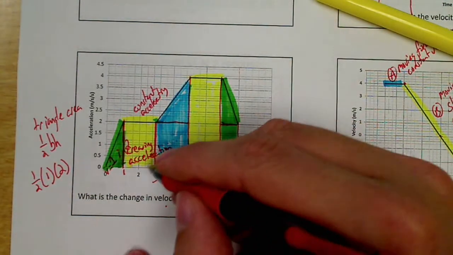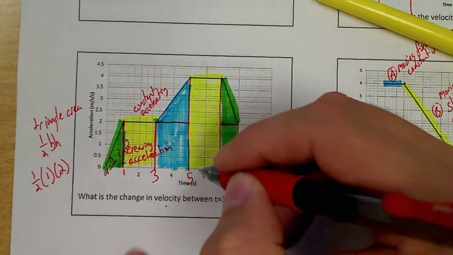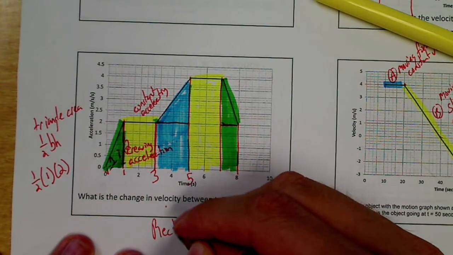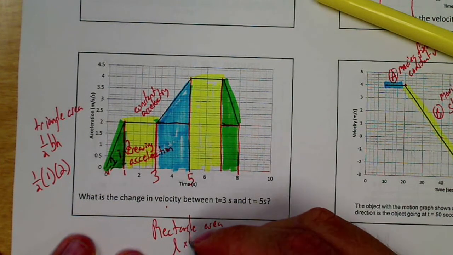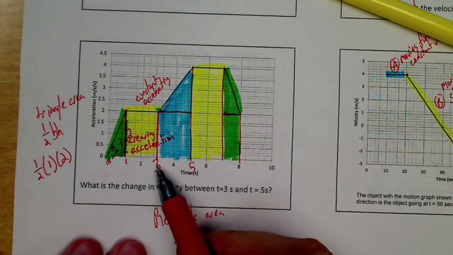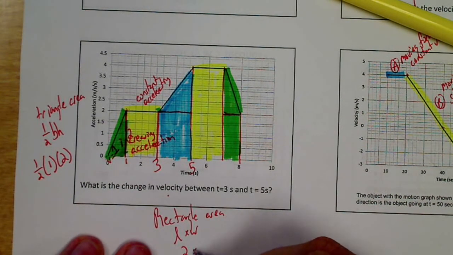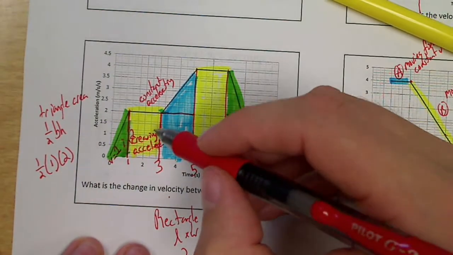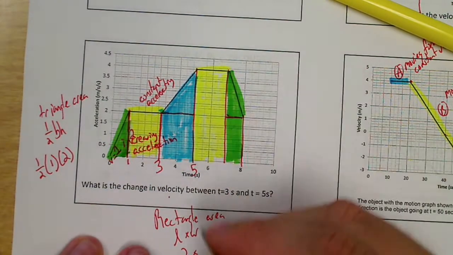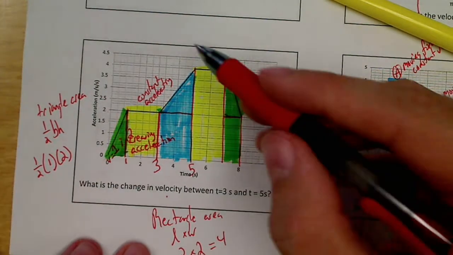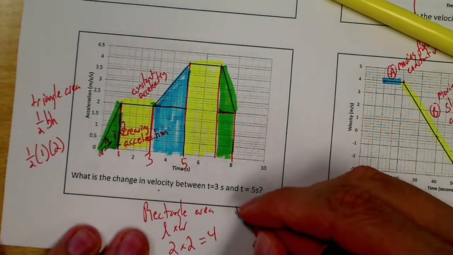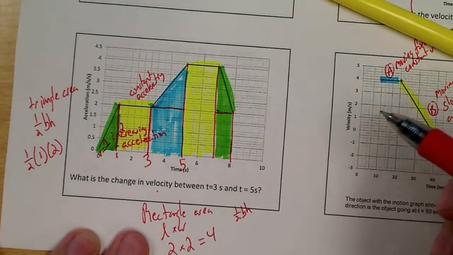So first, I'll find the area of this rectangle. Rectangle area is length times width. So the length from 3 to 5, that's 2. The width is from 0 to 2, that's 2. Okay, so the rectangle area is 4. And now my triangle, the 1/2 base times height.